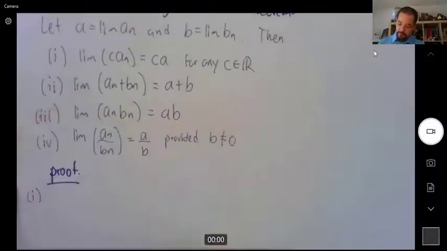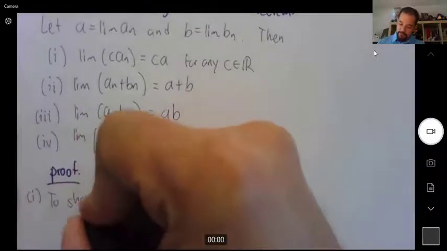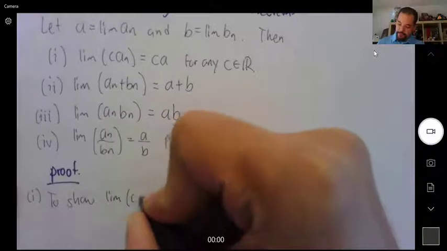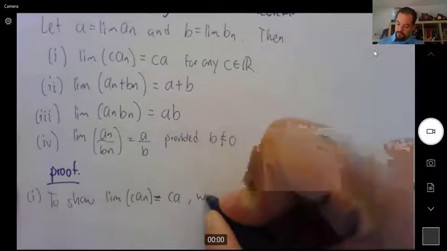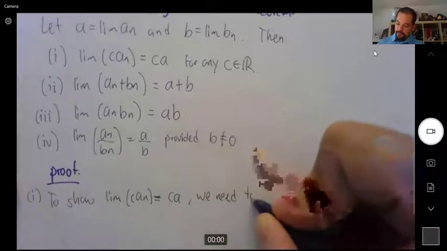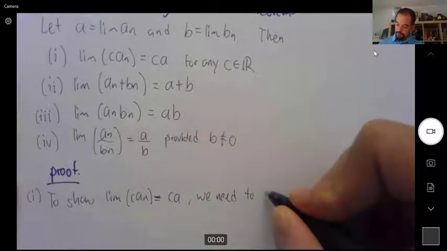What is it that we want? To show the limit of c a_n equals cA, we need to do the following.